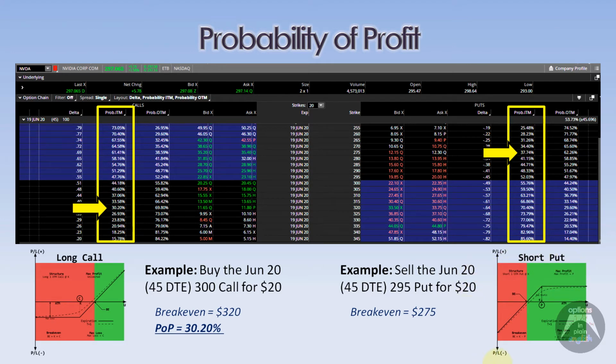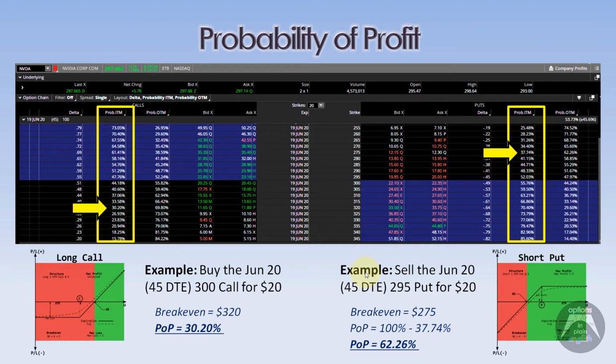If you know that altogether this is 100%, the in the money and out of the money, then you can calculate your probability of profit just by taking the complement to 100%. So the probability of profit is going to be 100% minus the probability that you're going to be losing money, 37.74.